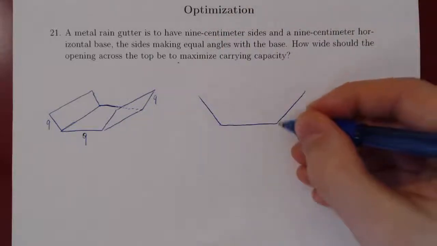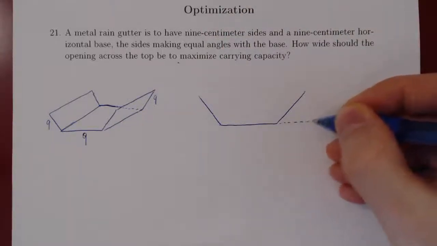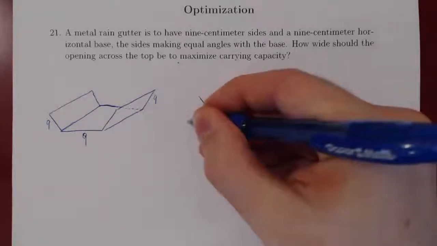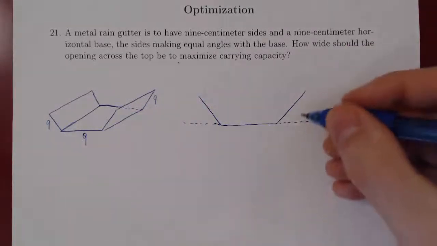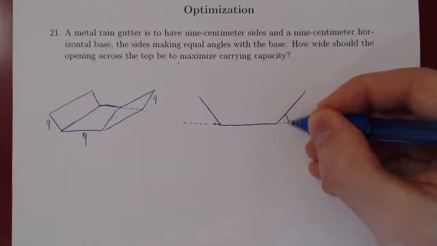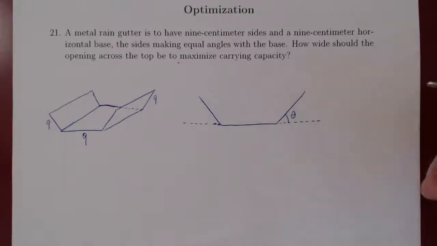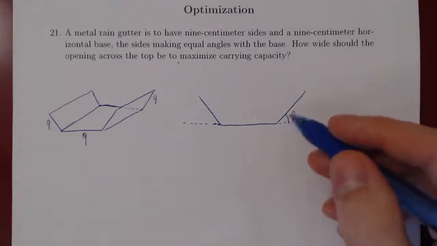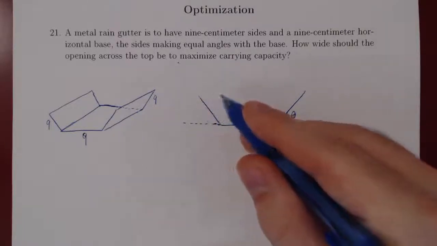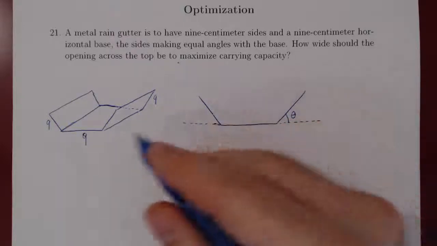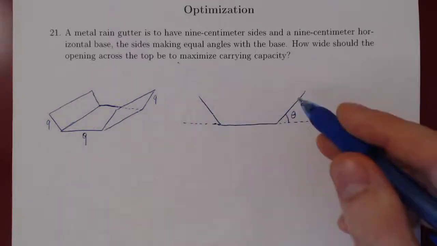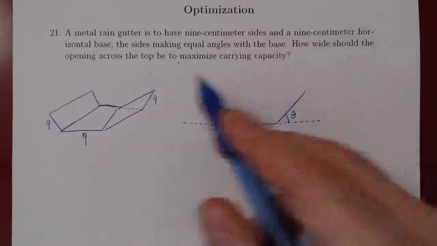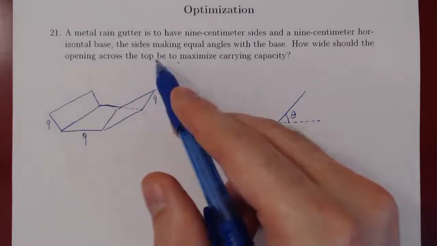Okay, so let's extend this just to visualize. Let's call this angle theta. And you see, by figuring out the choice of angle to maximize the area of the cross-section of the rain gutter, the trapezoid, we will then be able to answer the question of how wide should the opening across the top be.